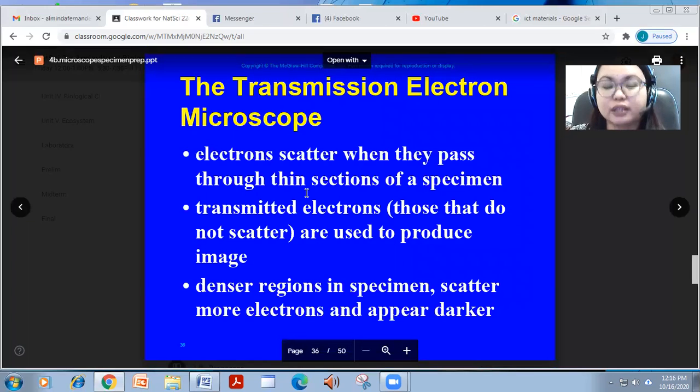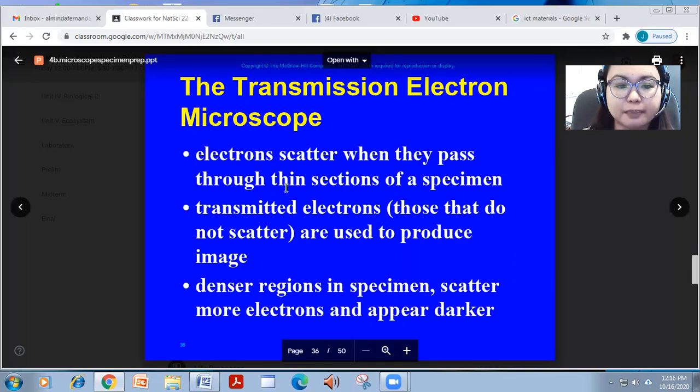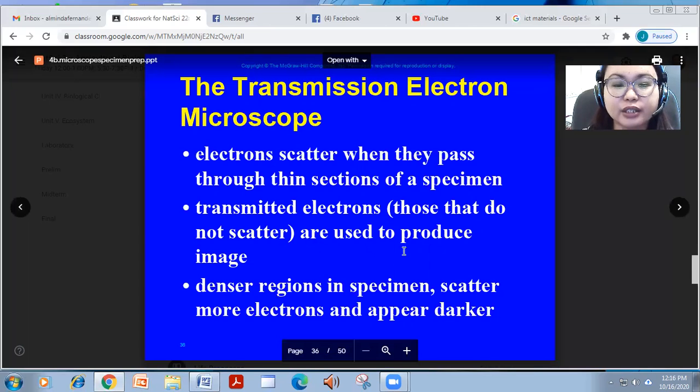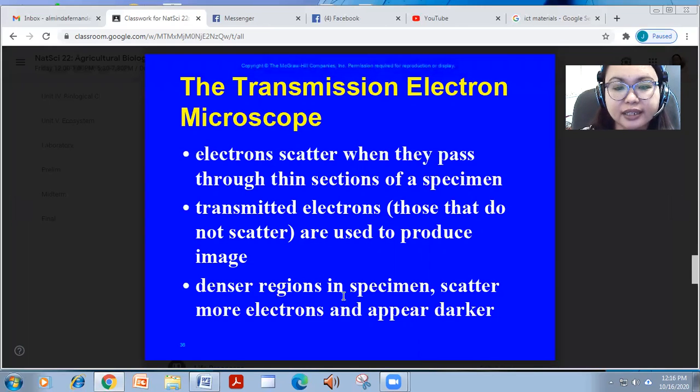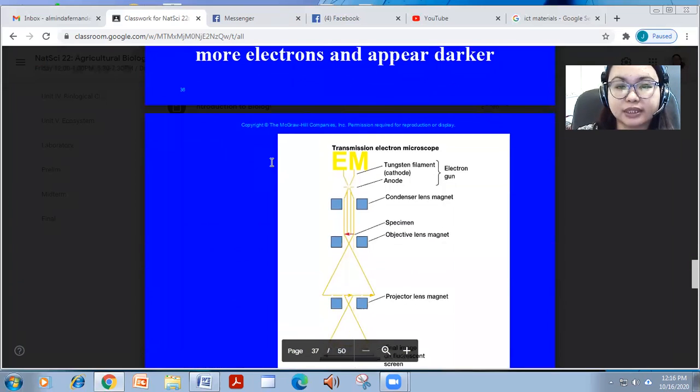Light, when transmitted, is reflected back or scattered when it passes through thin sections. Transmitted electrons, those that do not scatter, are used to produce the image. Denser regions in the specimen scatter more electrons and appear darker. So that's how the electron microscope transmits.